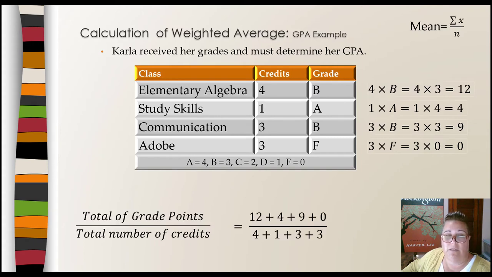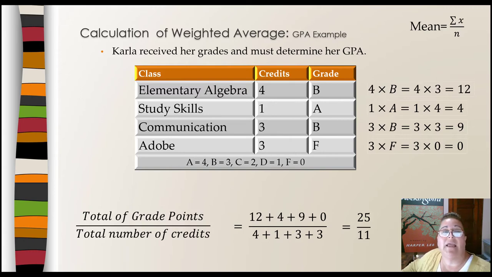So this will be the 12, the 4, the 9, and the 0, but I need to divide it by the total of 11 credits that she's taking this term. That means that her GPA is a 2.273. So she didn't even make the B honor roll. Oh, darn it.